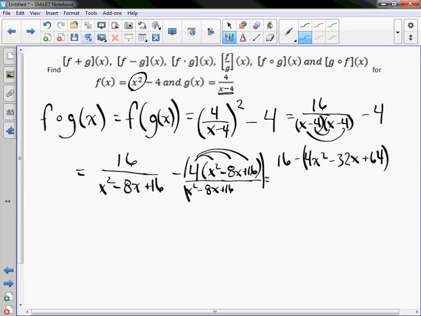The important reason for these parentheses is that I have this minus sign on there, and I almost made the mistake of only subtracting the 4x squared instead of subtracting this entire thing, 4x squared minus 32x plus 64, which means I have to distribute that negative sign. I could have just done that with my 4 here, but I got ahead of myself. And then that's all over the common denominator.